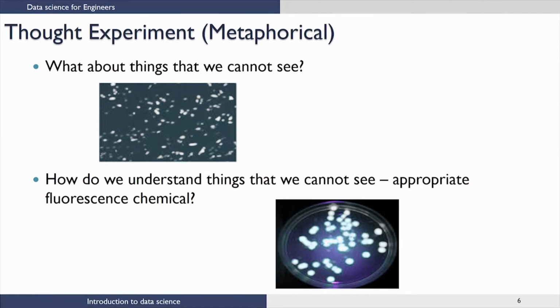Now, notice how you have been able to see what you cannot visually see using this assumption validation cycle. This is an important thing to understand, and I am going to connect this to the techniques and data science in the coming slide.